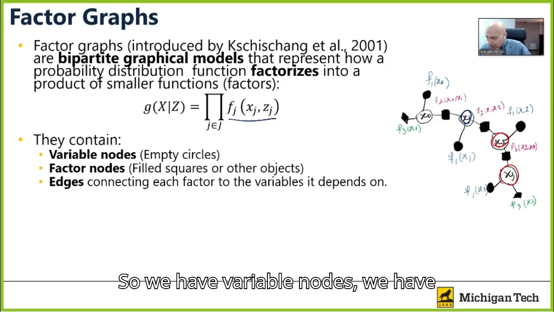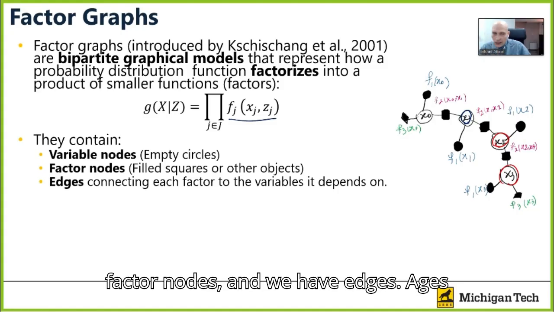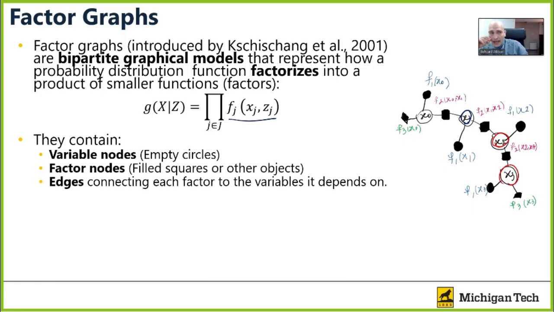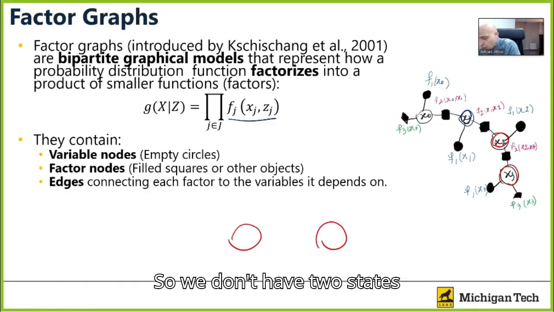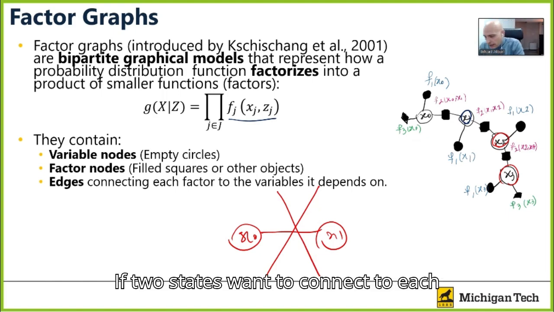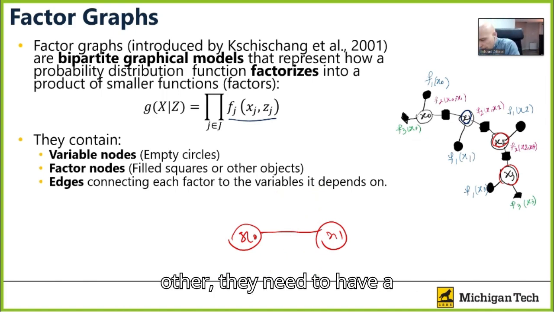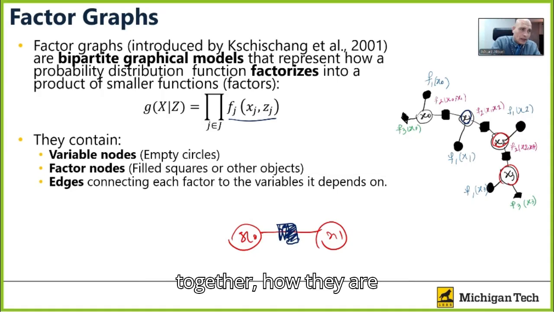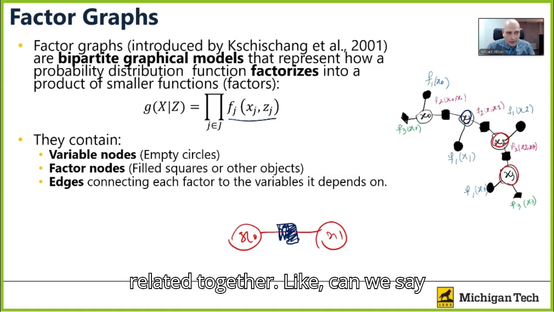So we have variable nodes, factor nodes, and edges. Edges are connections between a state and factors. So we don't have two states connected to each other. If two states want to connect to each other, they need a factor. This factor defines how these two are related together.